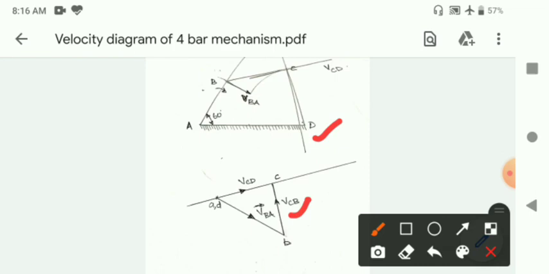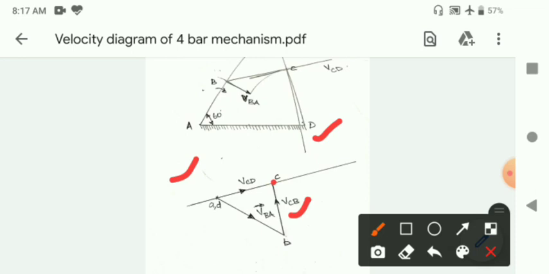That parallel line will meet the previous parallel line at C. So what you get now is the velocity diagram for this 4-bar mechanism.